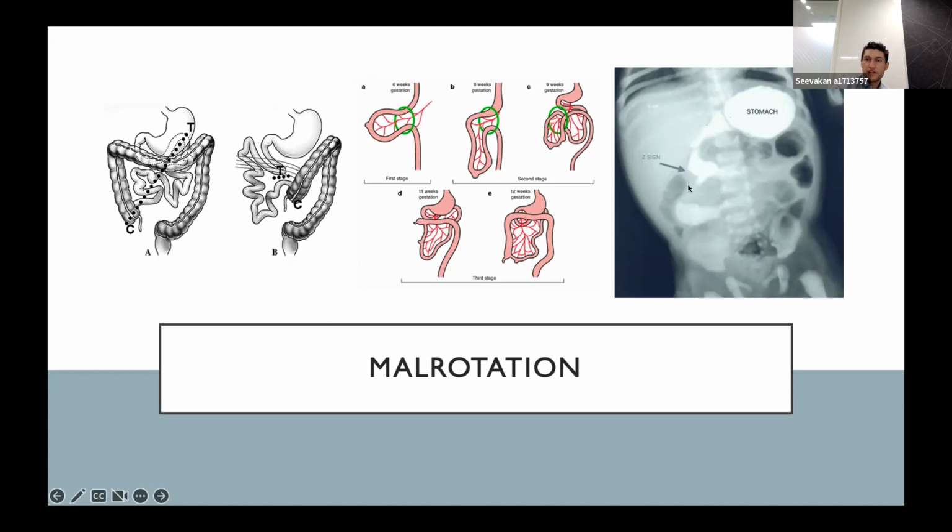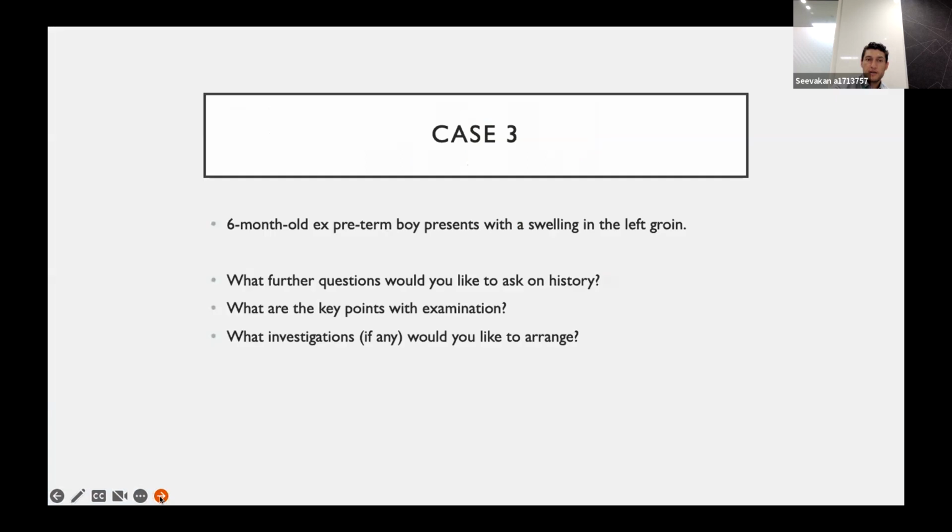We don't usually look for a Z sign. The thing that we care about is whether you can see the DJ flexure on the left-hand side of midline. Over here, the part where the duodenum becomes the jejunum is on the right-hand side of the tummy. Righty ho, so that is our approach to vomiting.